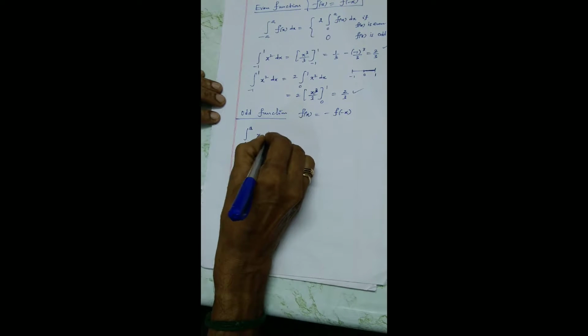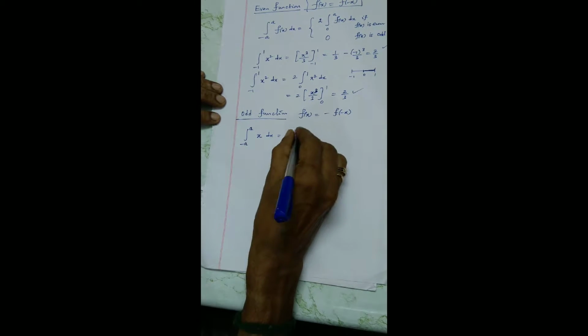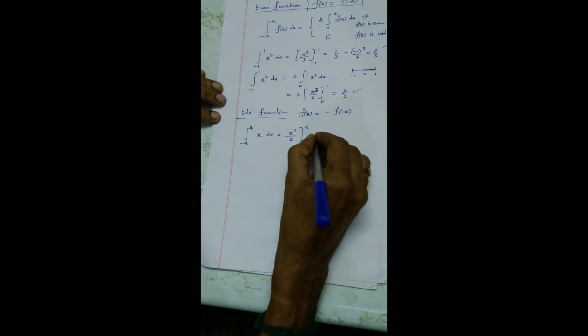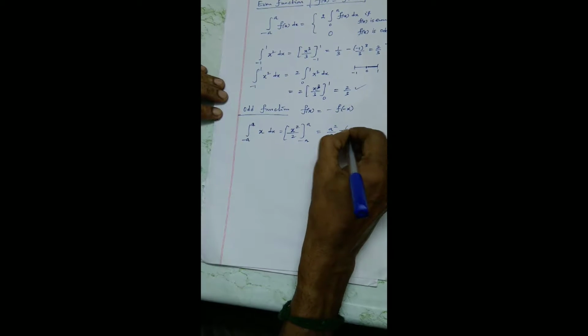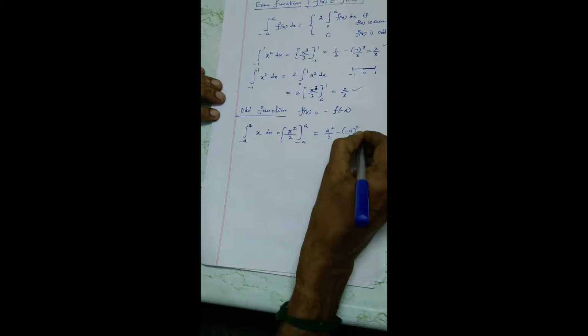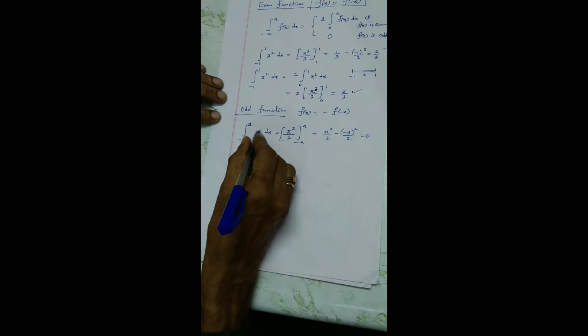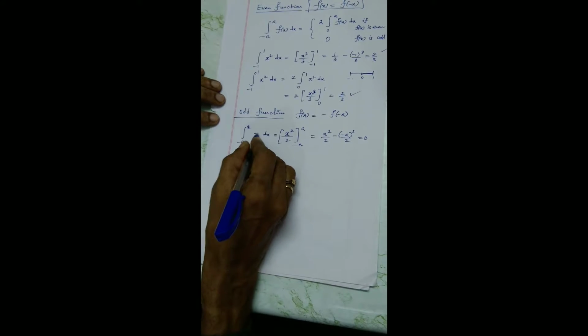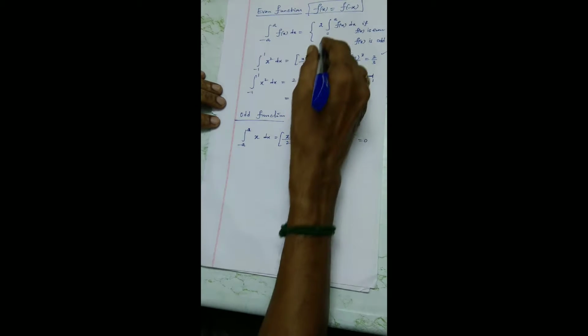You take x dx, right? When you integrate, you will get x square by 2 from minus a to a, a square by 2 minus a square by 2. You know very well it is 0. So as long as my function is odd, I am not going to integrate straight away. I can put 0 according to the property.